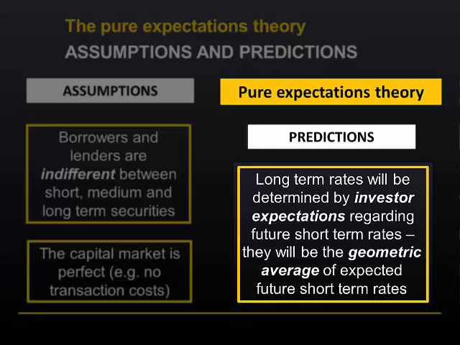We'll explain what geometric average means a little more in a later topic, but for now it just means that the result from investing long-term will be the same as the expected result from investing in a series of short-term securities, and this is the way in which long-term rates reflect market expectations about future short-term rates.